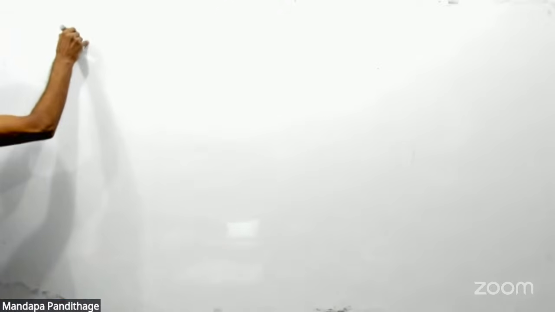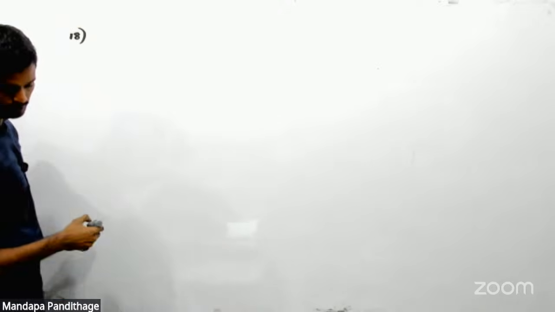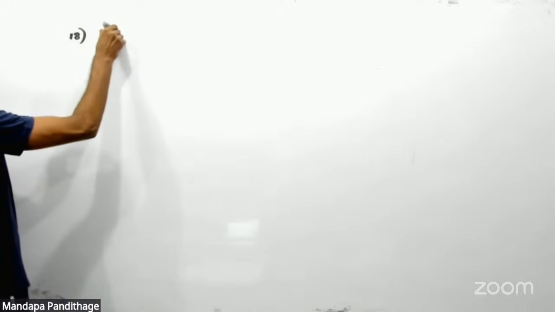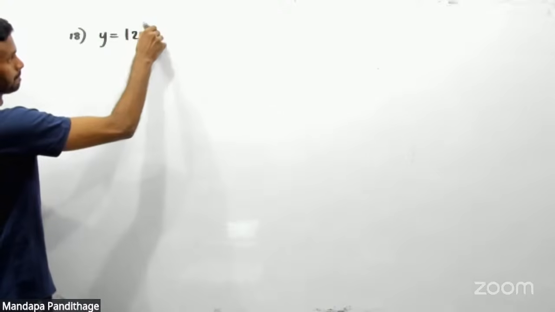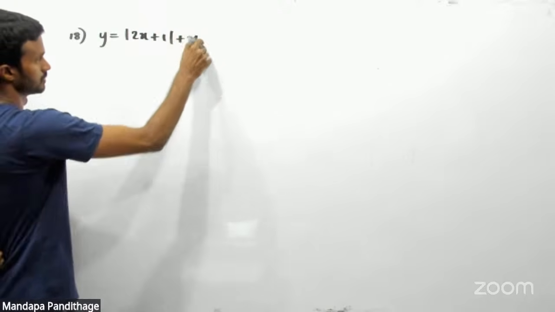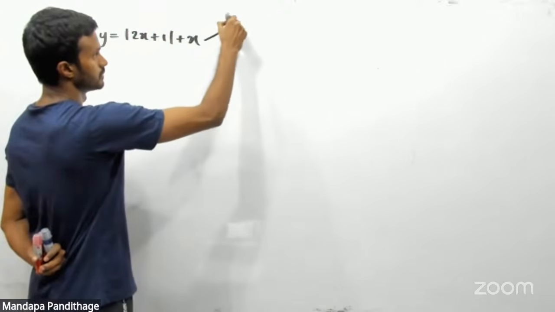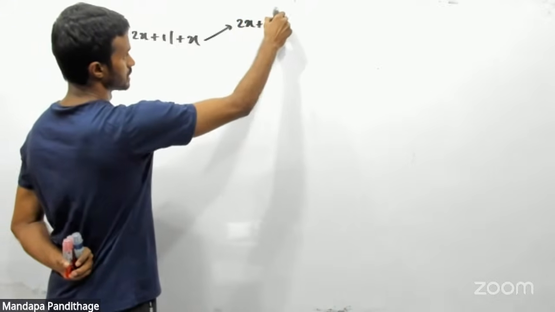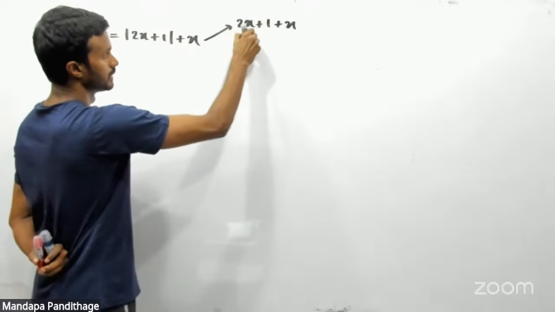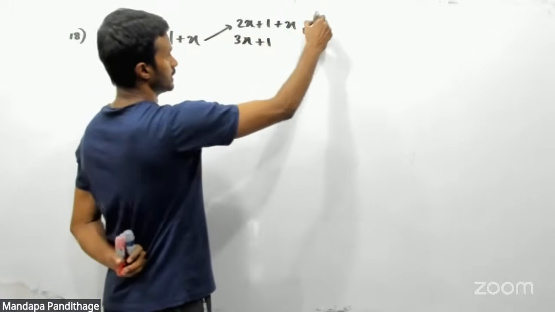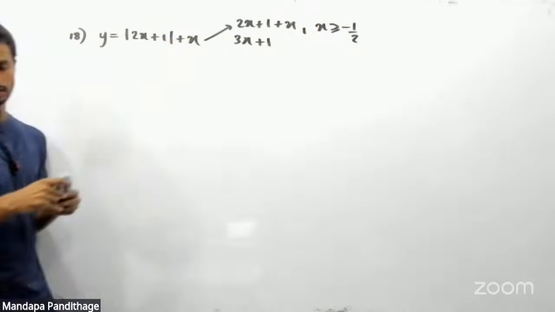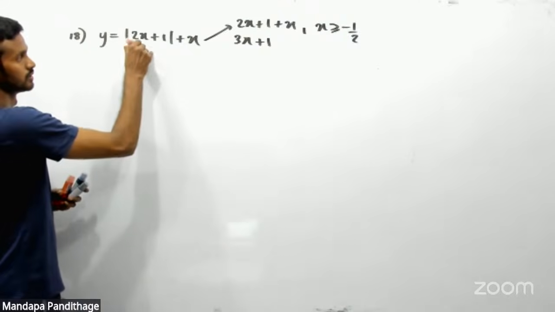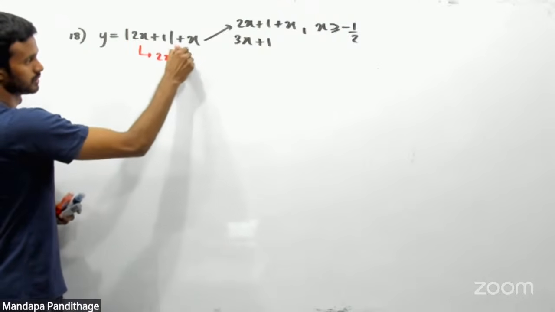Okay, so question number 18 is y equals modulus 2x plus 1 plus modulus x. Here, when you consider this, it directly comes out giving you 3x plus 1 when x is greater than or equal to minus half. The turning point here is x equals minus half, where 2x plus 1 equals 0.